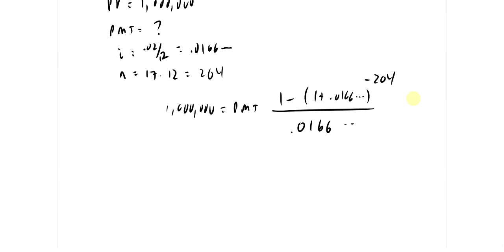So calculate this fraction, divide a million by that fraction, and you get your payment: $5,786.47. That's about 67,000 a year maybe? So Carl can live pretty well for those last 17 years.